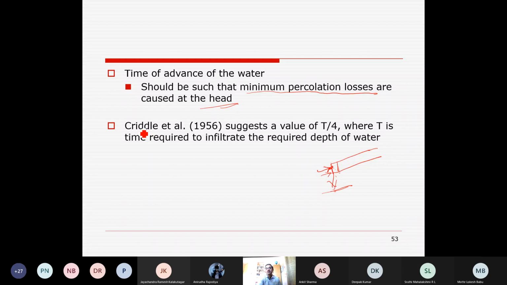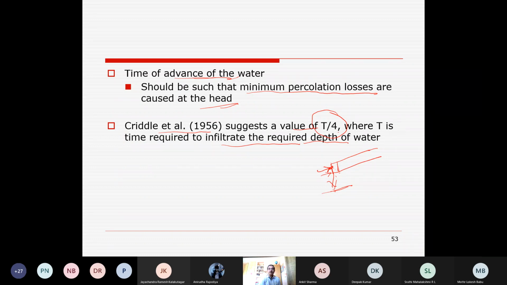One researcher, Criddle, in 1956 suggested that the value of T by 4, where T is the time required to infiltrate the required depth of water, should be the time of advance. Usually we should take T by 4.